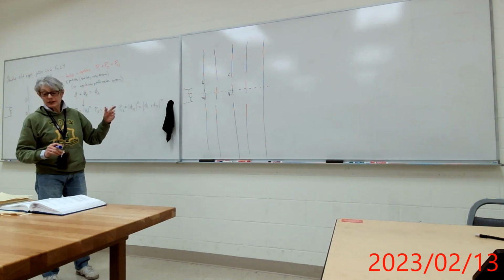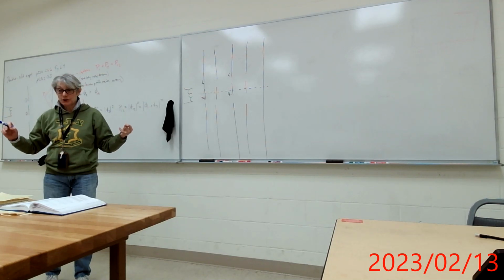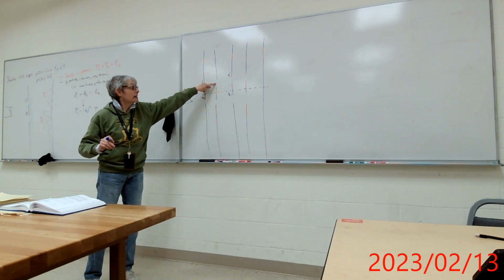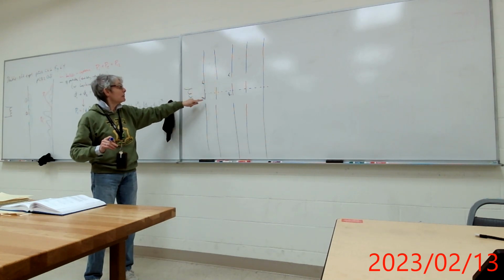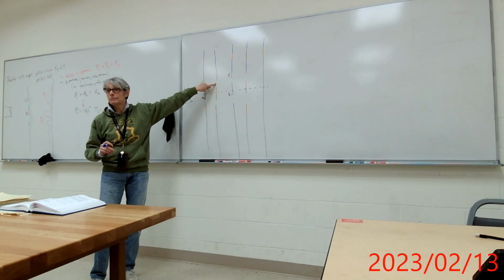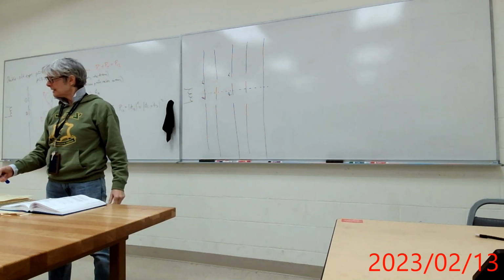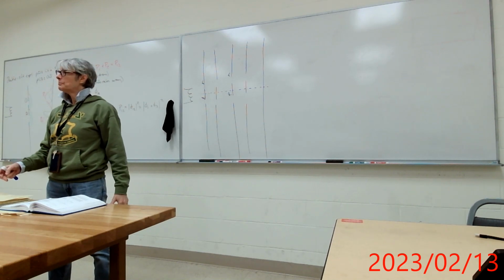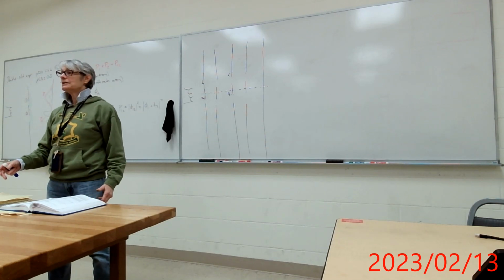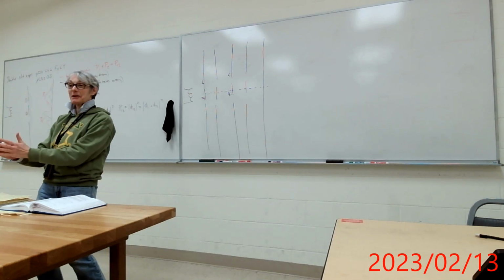So we're going to say that the probability amplitude for going from here and then to here is the same as the probability amplitude for here and then the probability amplitude for here. Just like if I were rolling a die and I did it sequentially, then the probability of getting a 1 on the first roll and a 1 on the second roll would be the probability of getting a 1 times the probability of getting a 1.